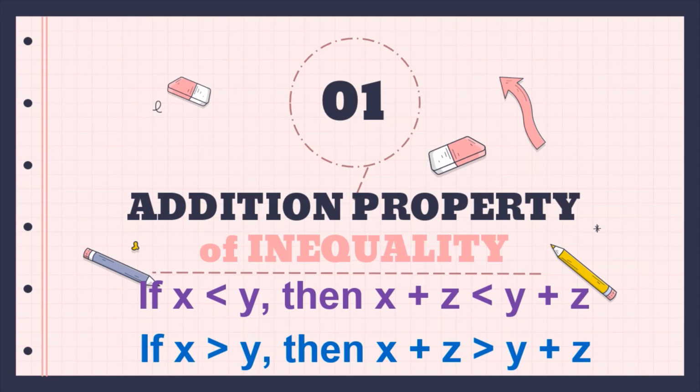So meaning, kapag ang x ay mas mababa sa y, then nag-add parehas both sides ng z, magiging true yung statement. Okay, if yung x naman is greater than y, ganun din, nag-add din siya both sides. So, yun yung importante sa addition property of inequality. Nag-add siya both sides.